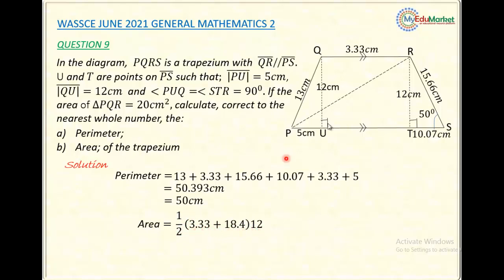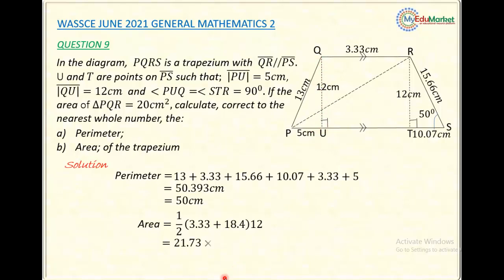The A is the length of this parallel side, 3.33 centimeters, while the B is the length of this parallel side from P to S, which is 5 plus 3.33 plus 10.07, that will be 18.4, then times the height of the trapezium, which is this height.